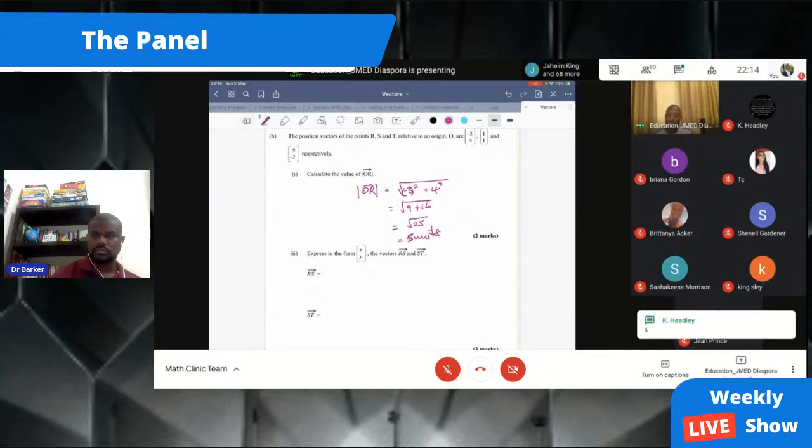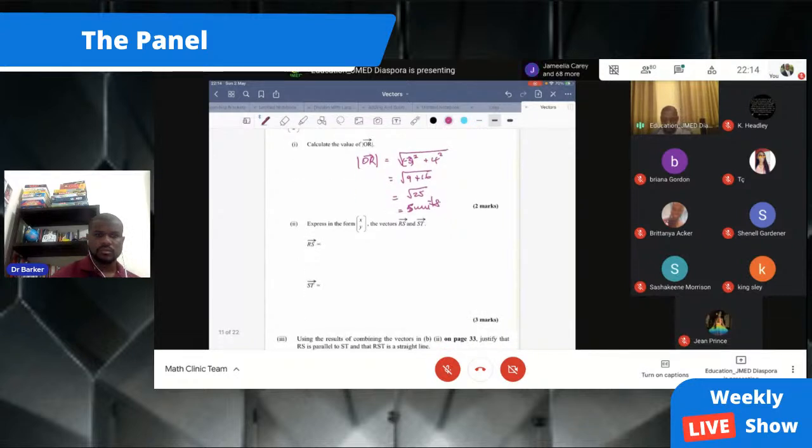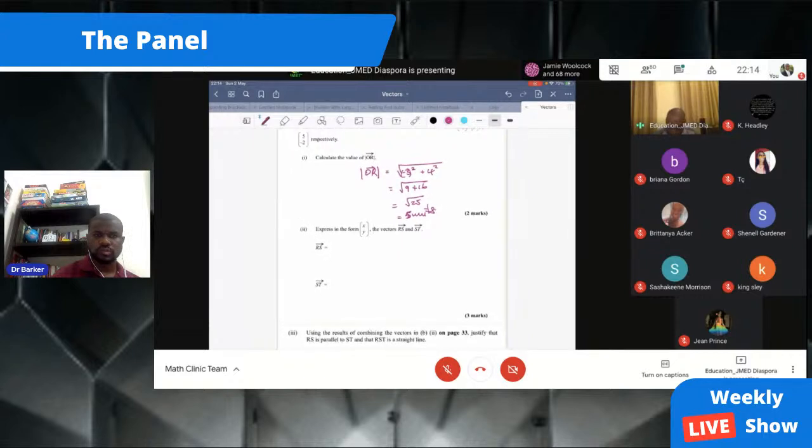Now, it says express in terms of x and y the vectors RS and ST. RS is RO plus OS, straight.